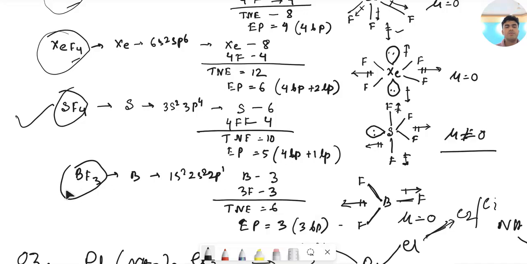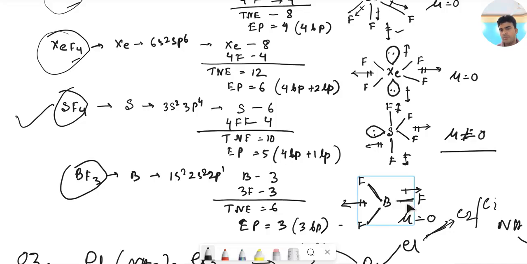So next we'll come to BF3. In BF3, boron's electronic configuration is 2s2 2p1. So boron's last orbital electrons are 3, for 3 fluorine it will be 3, total number of electrons will be 6, and electron pairs will be 3. For these 3, the geometry will be trigonal planar.